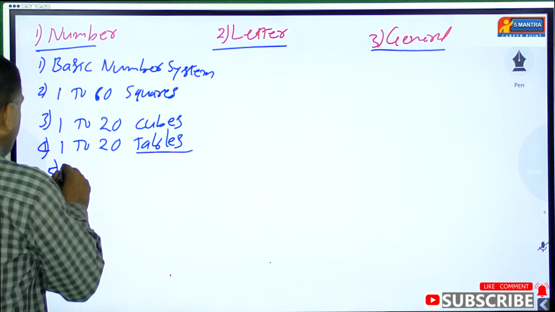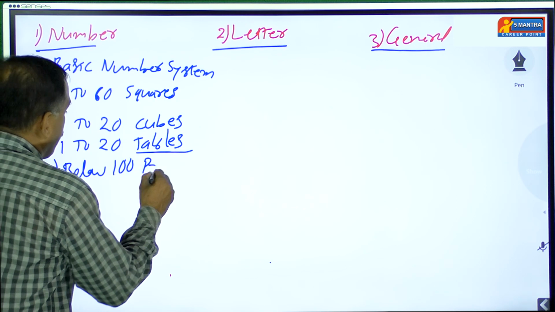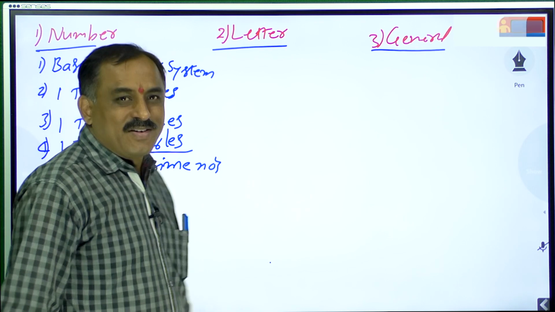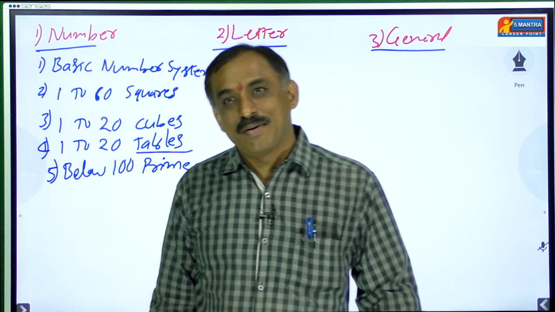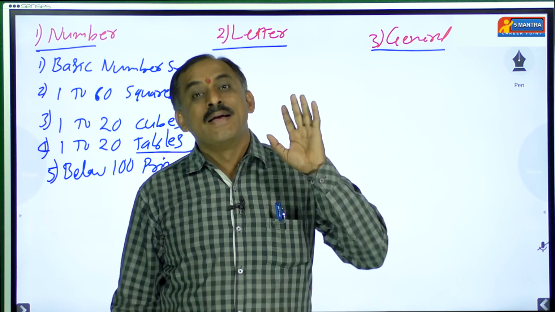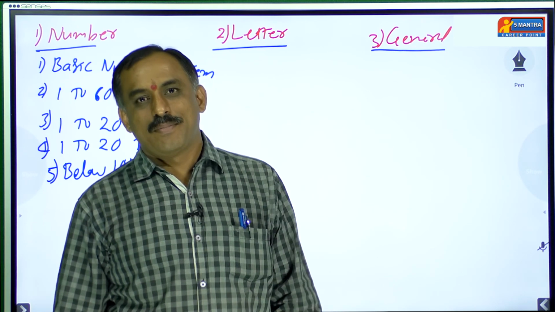The next one, fifth one, below 100 prime numbers. What is prime number? A number which is not divisible by any other number except 1 and itself is known as prime number.